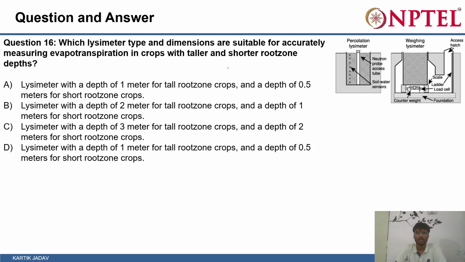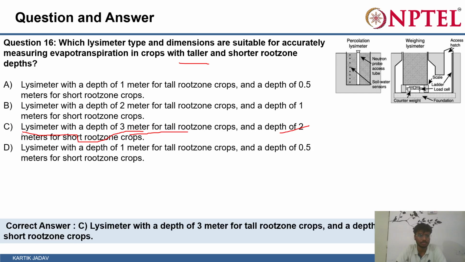Whenever crop root zones are taller, in that case we use a lysimeter with depth around 3 meter, and a 2-meter depth lysimeter for short root zone crops. So the correct answer is option C.